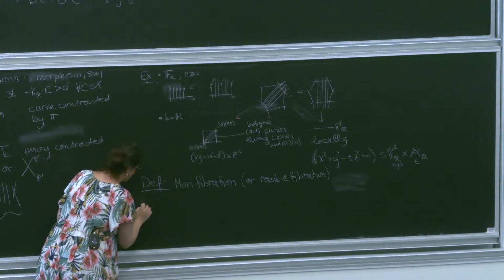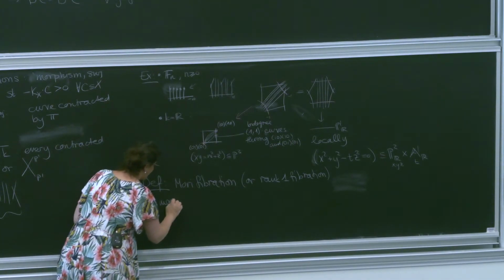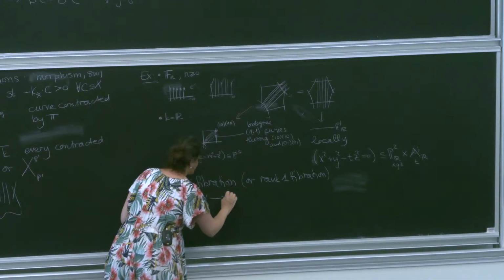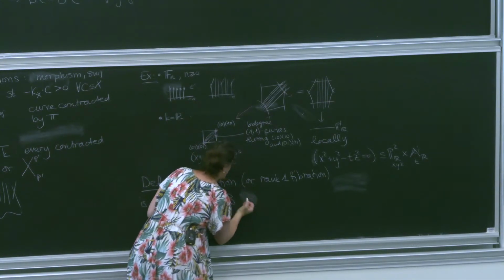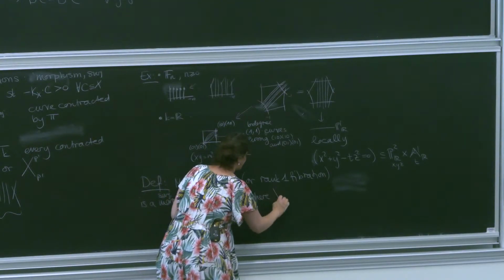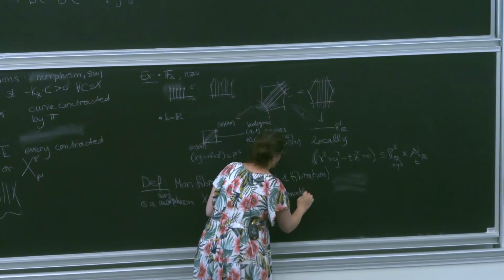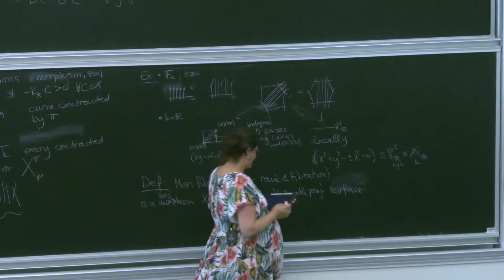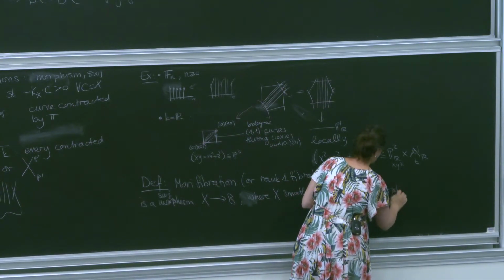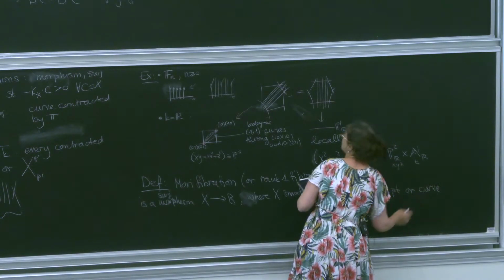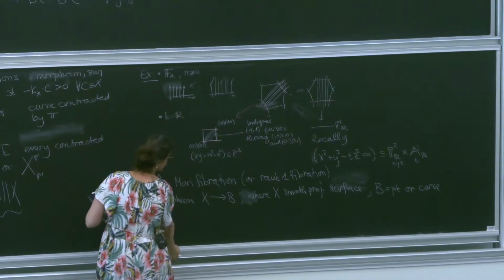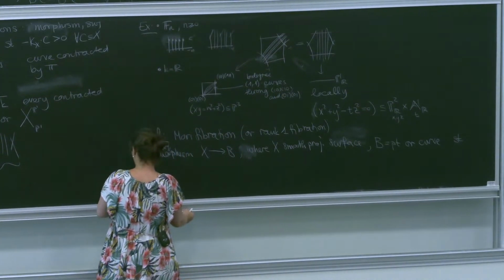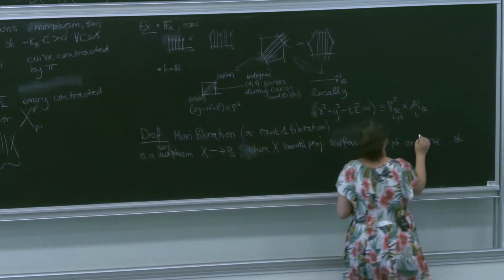So this is a surjective morphism from X to B, from a surface X that is smooth and projective, and B is a point or a smooth curve.